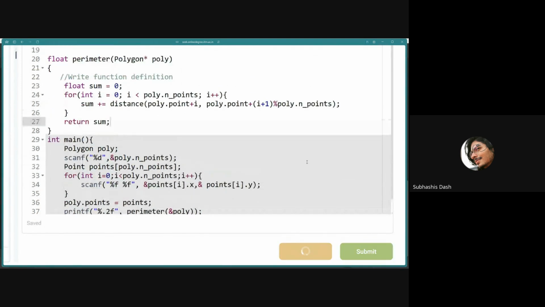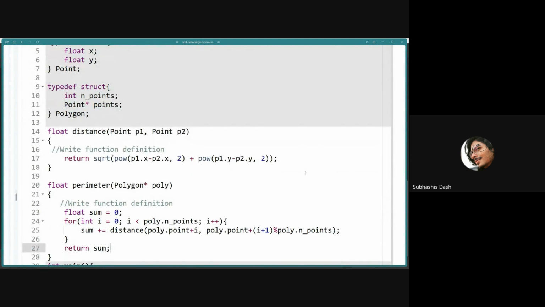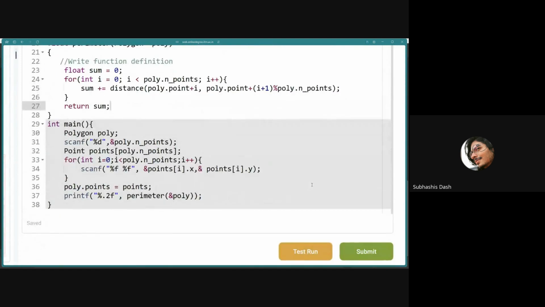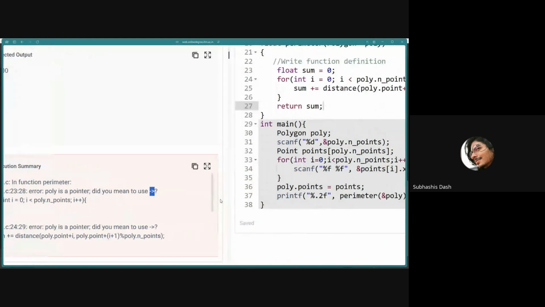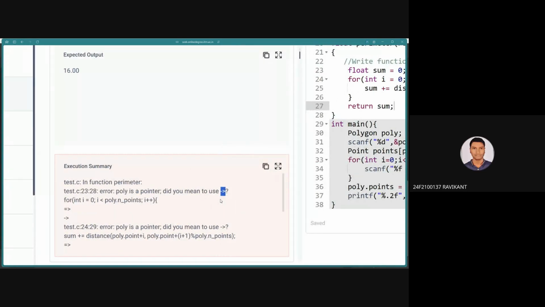Let's try it out. I think there will be some error or something. Poly is a pointer. Did you mean to use this one? Okay, see, this is one operator that I have not used too much.